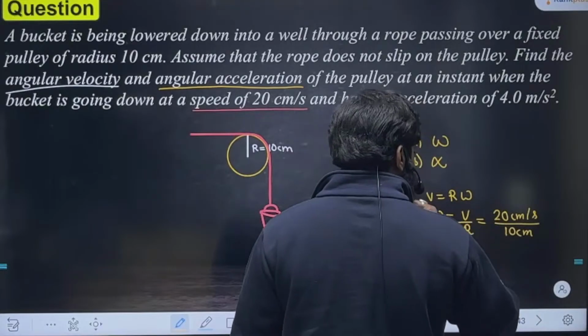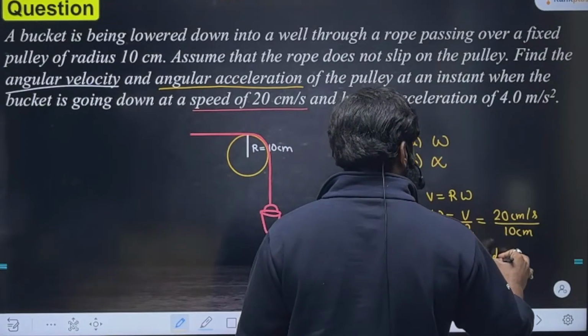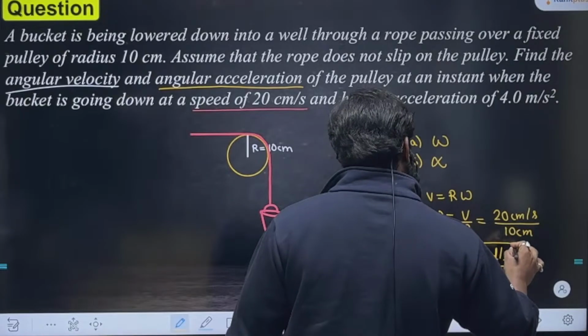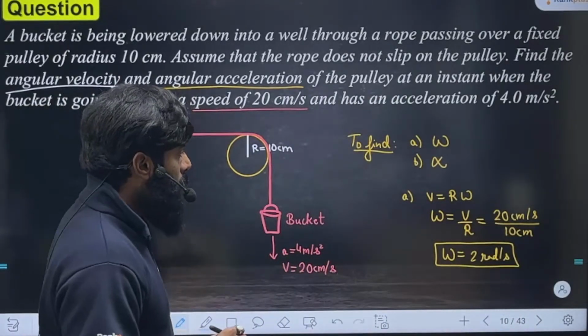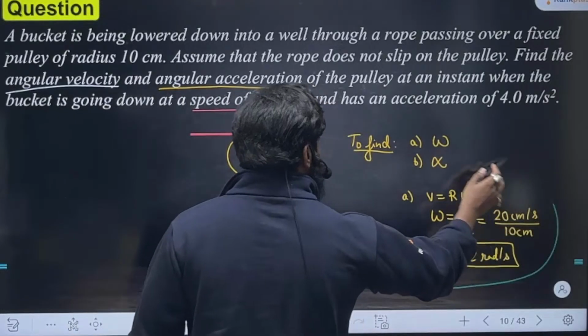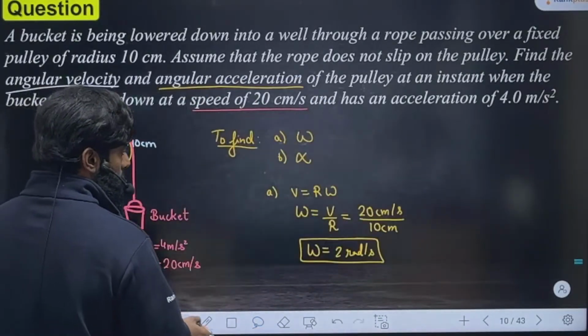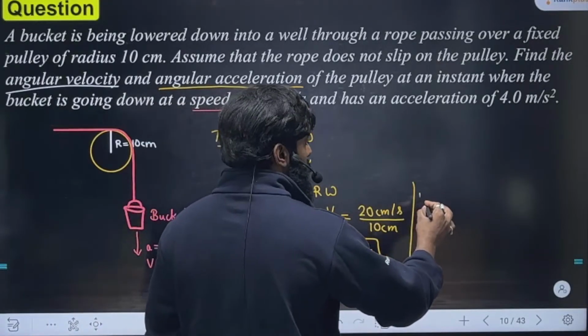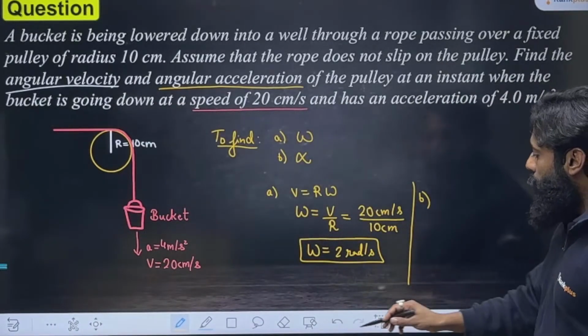So omega will be equal to 2 radian per second. Are you getting this value? Similarly, for getting the alpha, we have another relation.